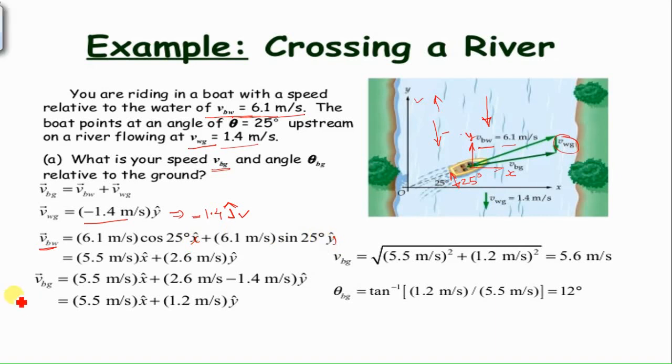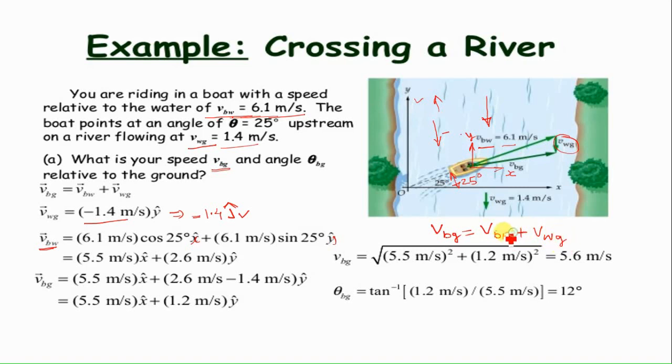Okay, so now we have to find the velocity of the boat with respect to the ground. This can be written as the velocity of boat with respect to the water plus the velocity of water with respect to ground.